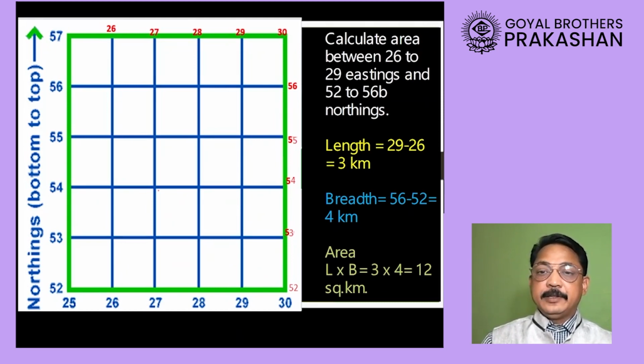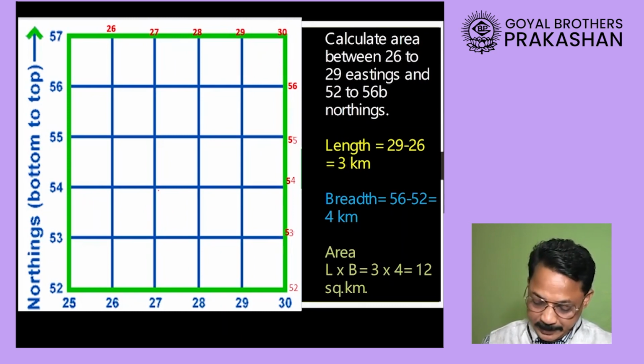Similarly, the area in a board examination is always to be found not on the map but on the ground, and therefore the unit square kilometer is very important. Distance will be in kilometer and the area on the ground in square kilometer.